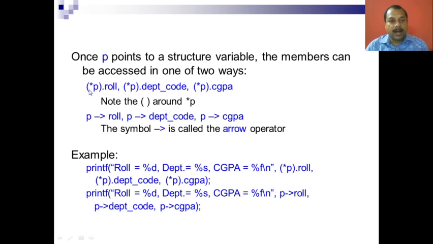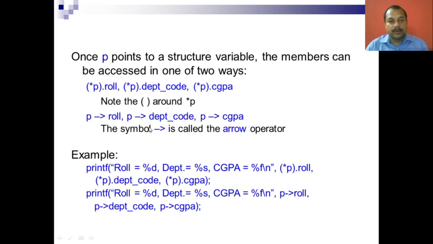Now this star p within parentheses and then dot can be replaced by the arrow operator. So p arrow roll, p arrow department code, p arrow cgpa. P arrow cgpa is equivalent to star p within parentheses dot cgpa, and the same holds for roll and department code.